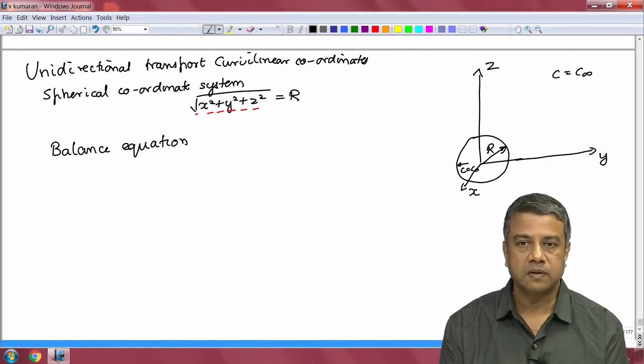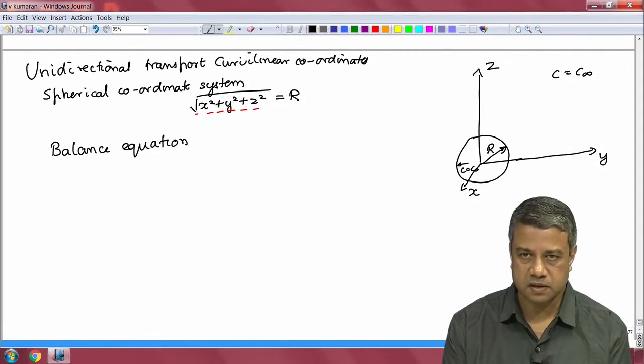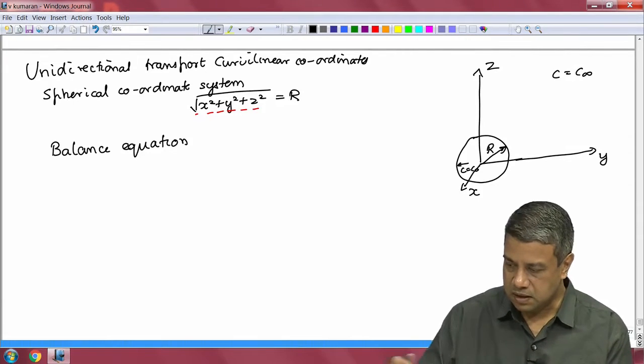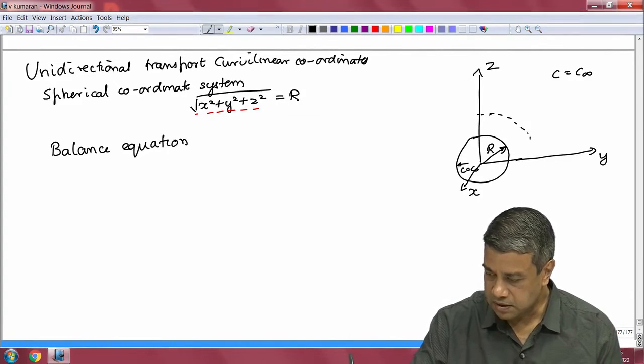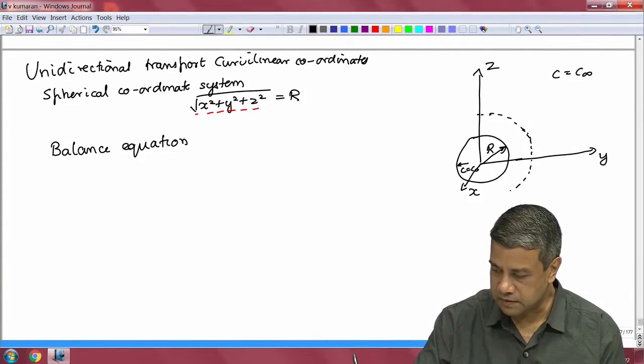So, first we have to do a differential balance over a differential volume. That differential volume is between two surfaces of constant coordinate. Surfaces of constant coordinate are surfaces of constant r.